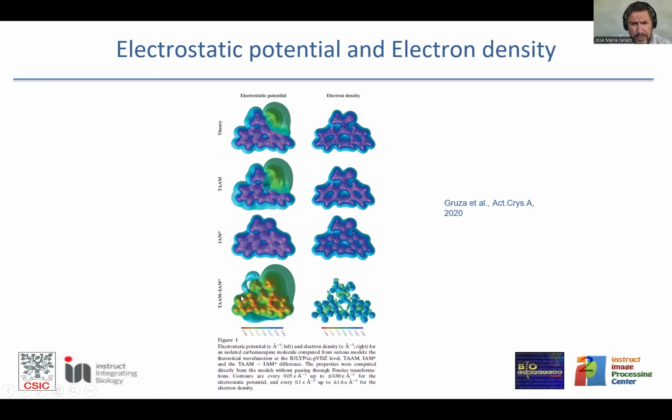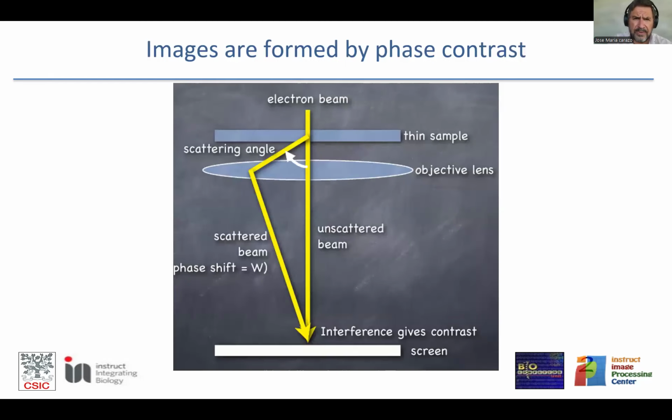And whatever we are going to get information about is electrostatic potential, which is not exactly the same as electron density. That is what you measure in X-ray diffraction. However, the differences are minute, and you have to go beyond 2 angstrom to really start seeing this effect. But just have them in mind, because things are a little bit different.